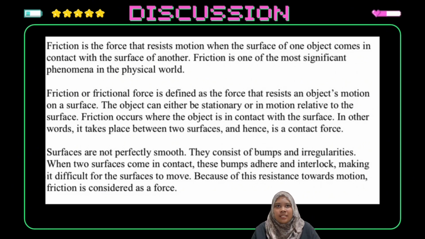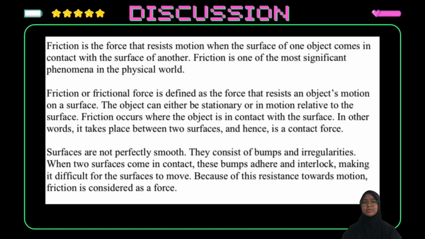Friction, or frictional force, is defined as the force that resists an object's motion on a surface. The object can either be stationary or in motion relative to the surface. Friction occurs where the object is in contact with the surface. In other words, it takes place between two surfaces and hence is a contact force.